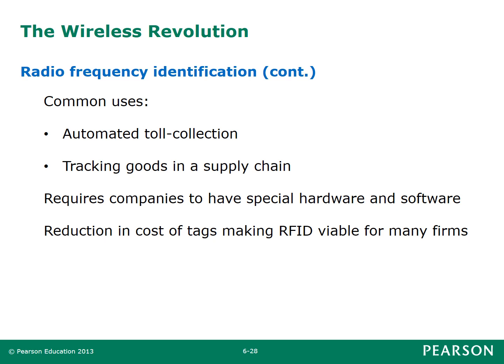Also, applications will need to be redesigned to accept massive volumes of frequently generated RFID data and to share those data with other applications. Major enterprise software vendors, including SAP and Oracle, now offer RFID-ready versions of their supply chain management applications.